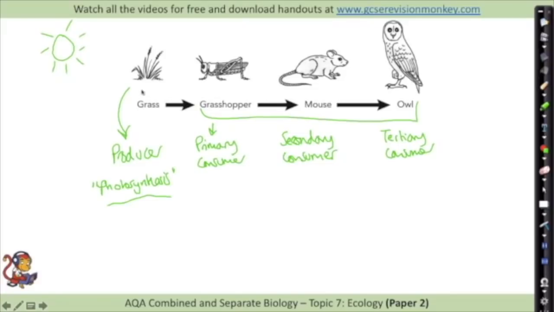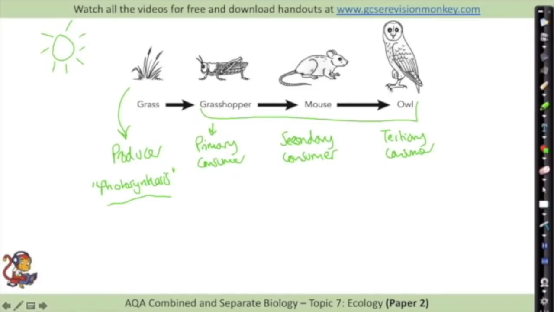Because, for example, perhaps the grasshopper can't eat all of the different parts of the plant. Perhaps there's some structures that it can't consume. The mouse, for example, might not eat all of the grasshopper. Maybe it leaves out its wings or its legs because they find those inedible.